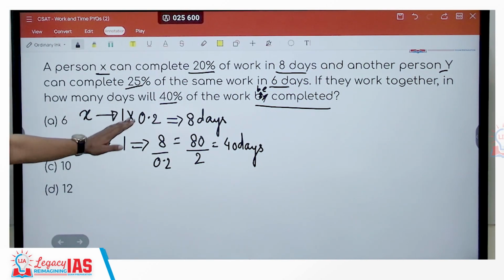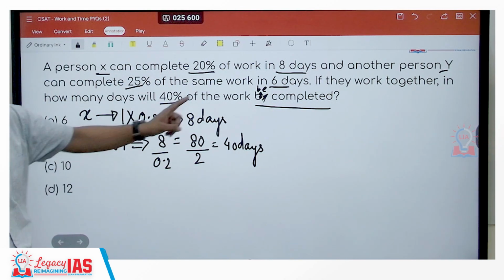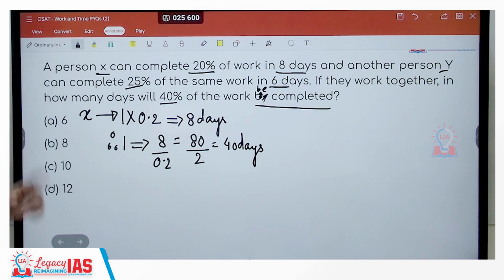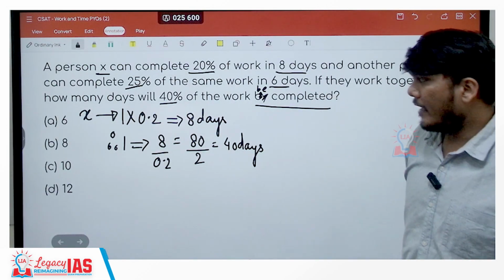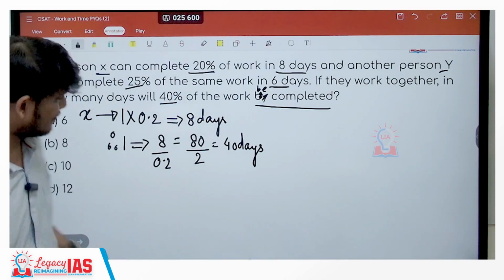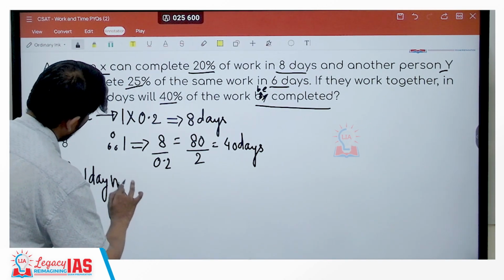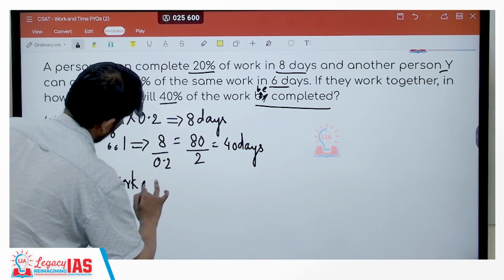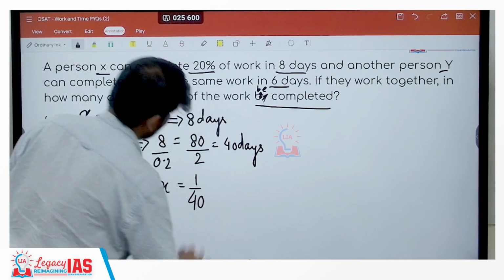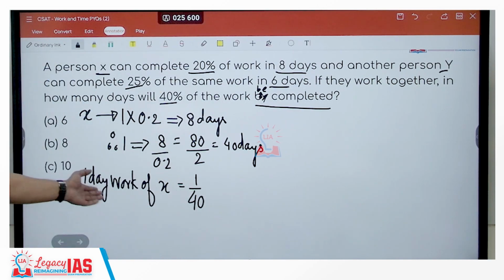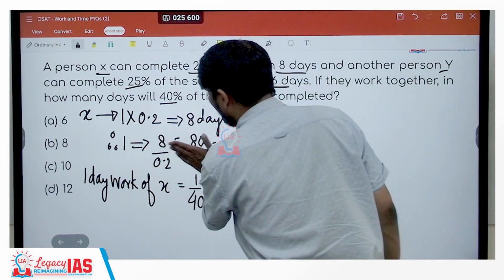So if 0.2 of the work is completed in 8 days by X, that means X would require 40 days to complete the entire work. That means now we can calculate the productivity: 1 day work of X will be 1 by 40. I hope that's clear. We may not use this, but I am just telling you, you can find this out also.